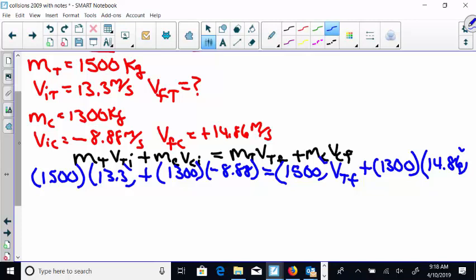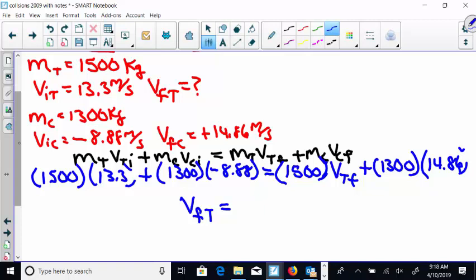Okay, now, you can do the math and solve. I'm not going to waste a lot of video time solving this. If you haven't calculated the final velocity of your truck, you should pause right now.